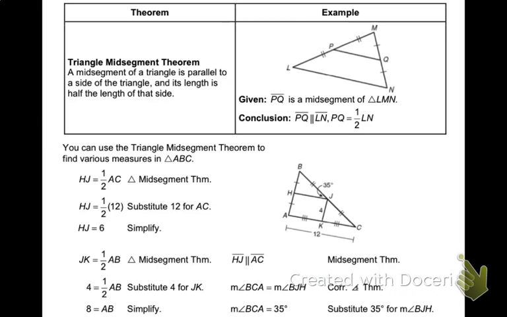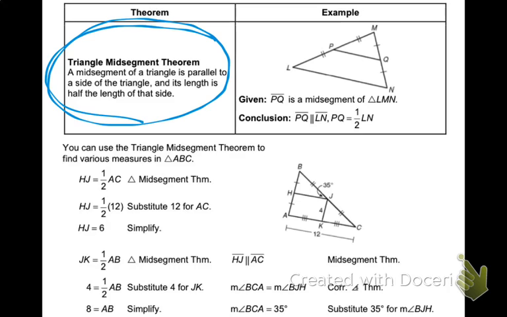So here's what it says. We just proved this: a mid-segment of a triangle is parallel to a side of the triangle. And how do you denote parallel lines? Well, you have arrows, usually something like that. So those 2 would always be parallel in a triangle. And then the second part we learned was it is half.